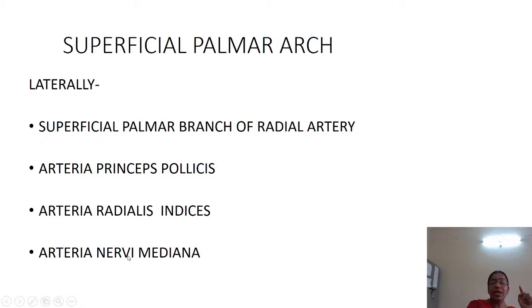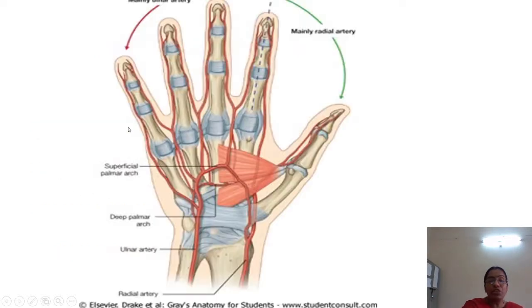So laterally the superficial palmar arch can be completed by joining with any of these branches of the radial artery, and that completes the arch called the superficial palmar arch.